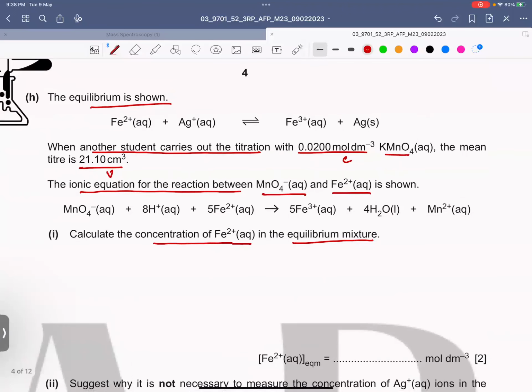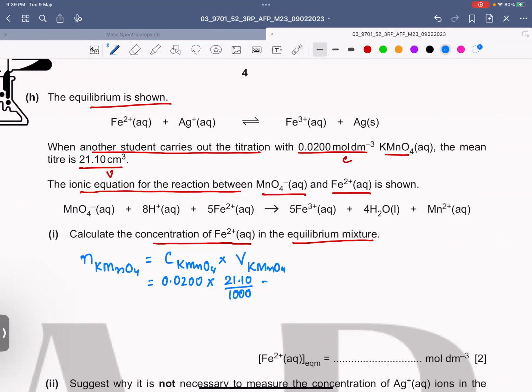We have to calculate the moles of KMnO4 because we know the concentration of KMnO4 and its volume as well, right? Remember, you have to convert the volume into dm³. So the concentration of potassium manganate is 0.0200 times its volume, which is 21.10 divided by 1000.